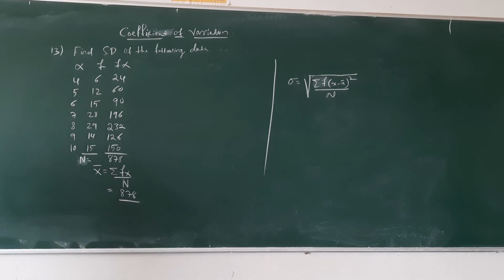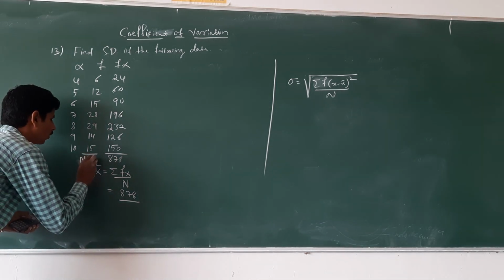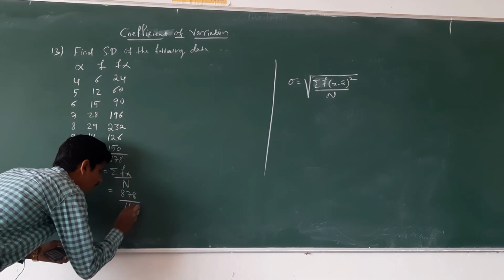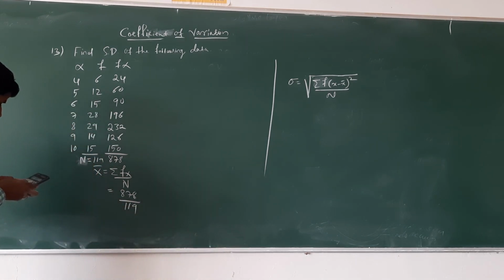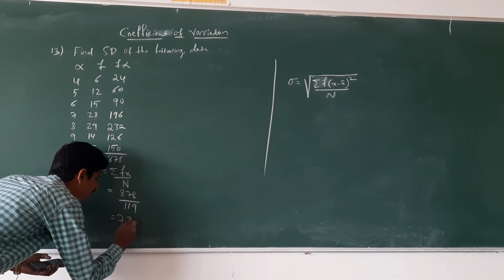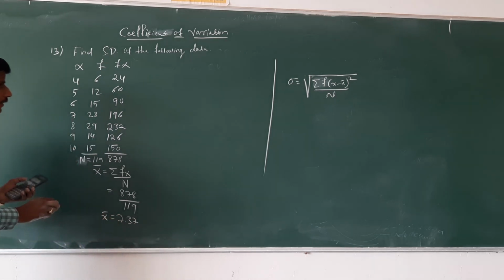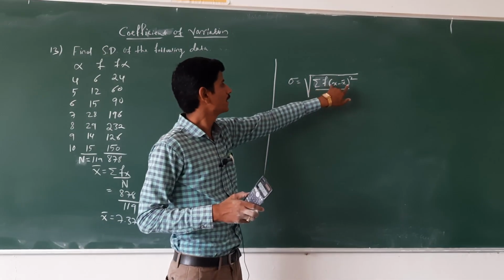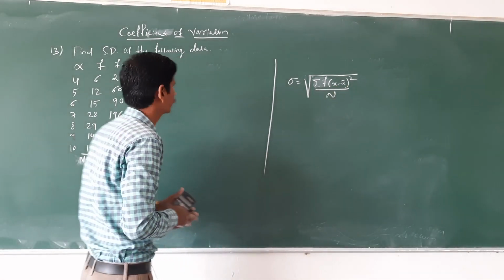N is 119. And substitute 119. 878 divided by 119 is 7.37. X bar equal to 7.37. The next we have to calculate sum of f into x minus x bar whole square.